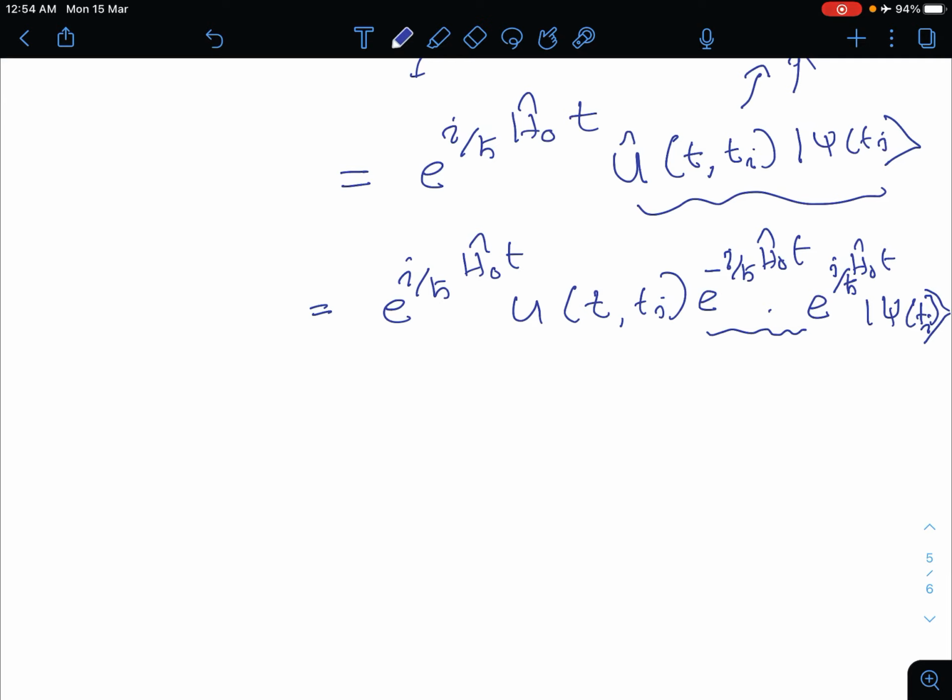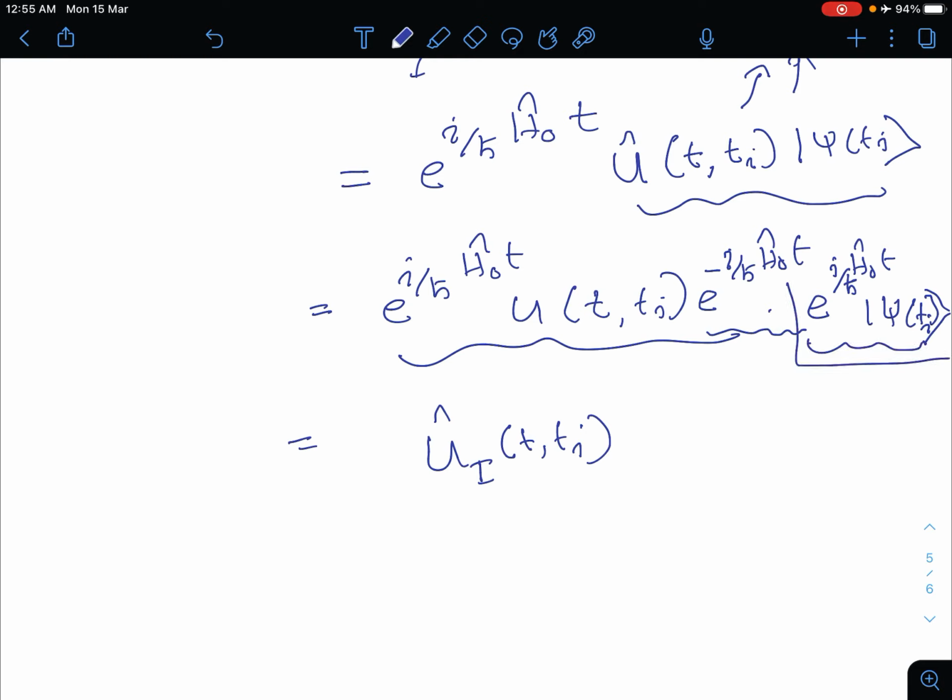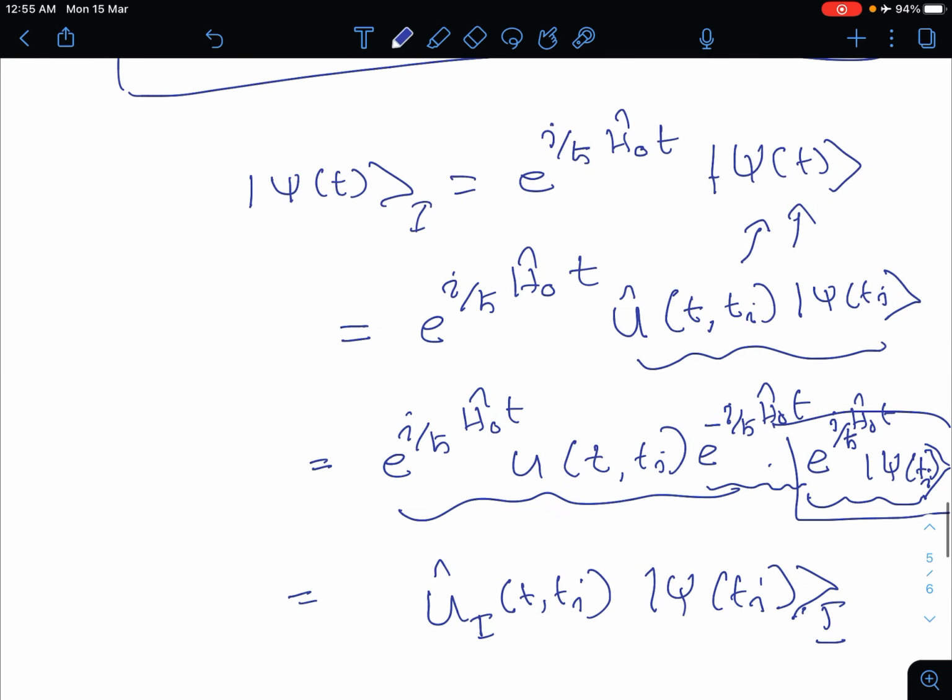Now this is the same procedure as before. You can write this is simply UI of t, ti, the time evolution operator in the interaction picture. Now what is this part? This part is simply psi of ti in the interaction picture.